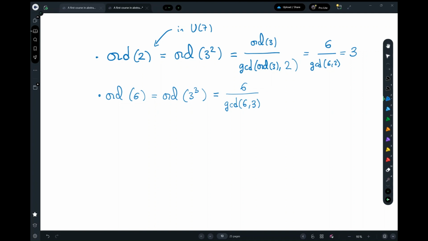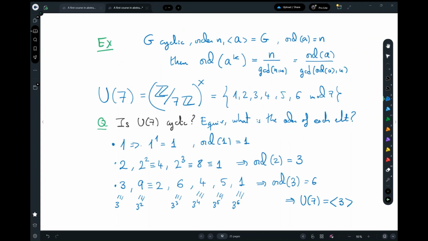The GCD of 6 and 3 is 3, and 6 divided by 3 is 2. So the order of 6 is 2. And we can check that 6 squared is 36, which is 35 plus 1. So this is 1 modulo 7. So yes, the order of 6 is 2.